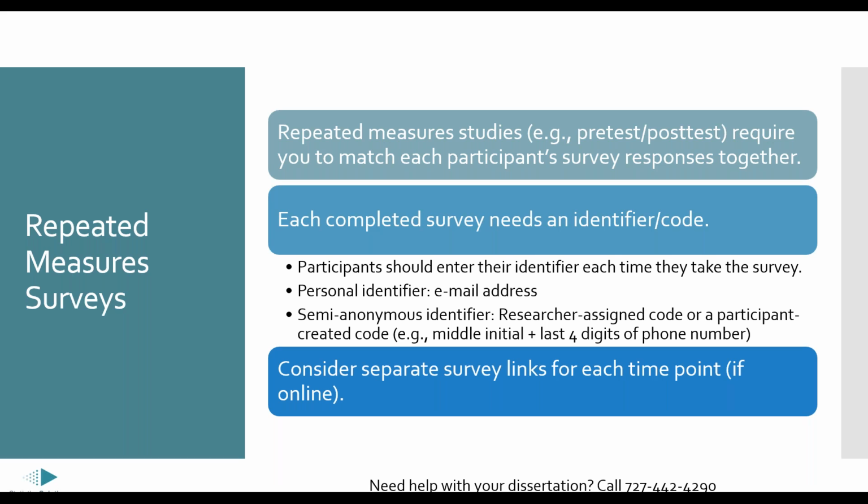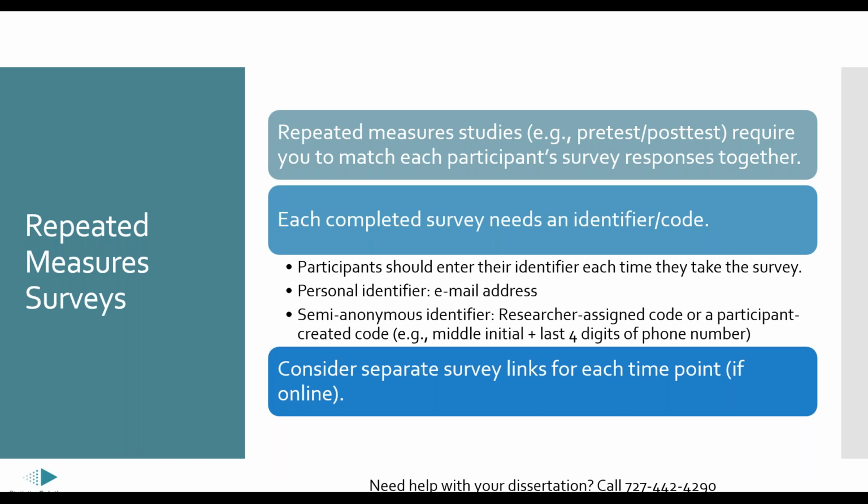So an example of a personal identifier would be an email address, as this is information that participants provide that would allow you to personally identify them. But it is a good method for matching surveys together because you wouldn't expect any two participants to have the exact same email address. Everyone will have their own unique email address, so it's a good identifier for matching surveys.